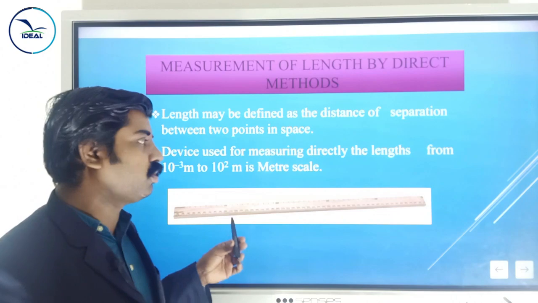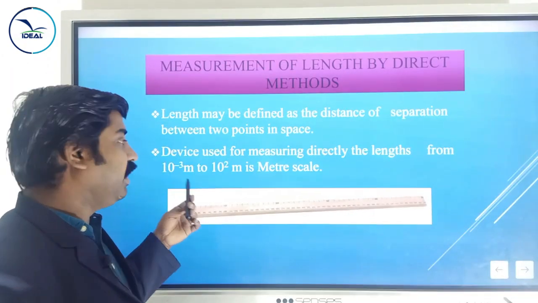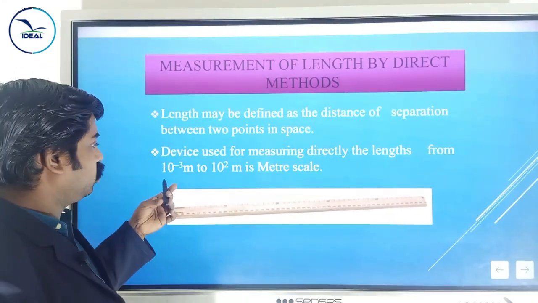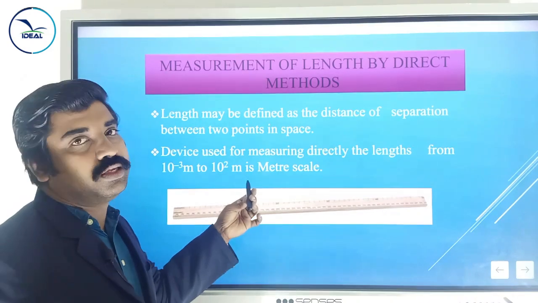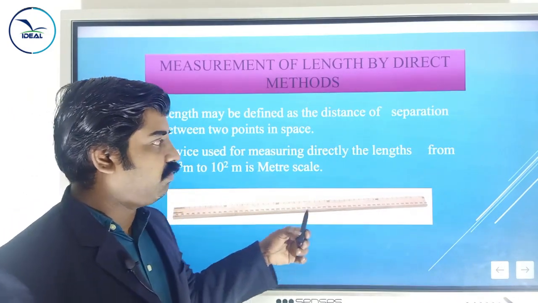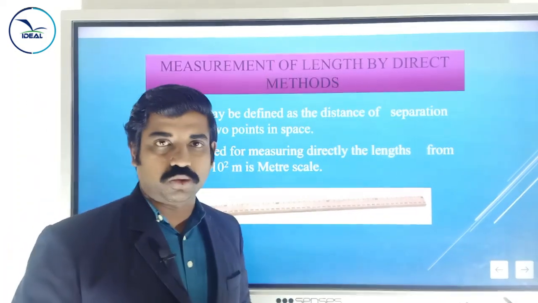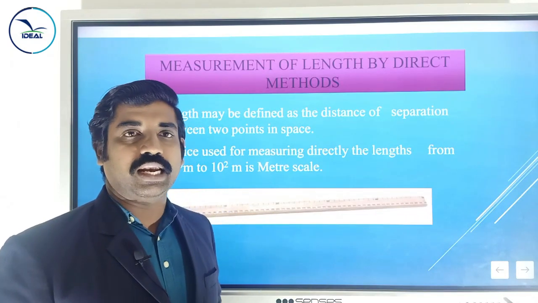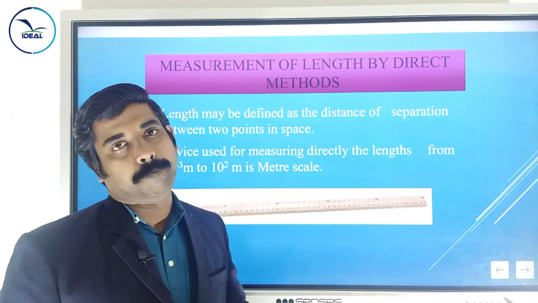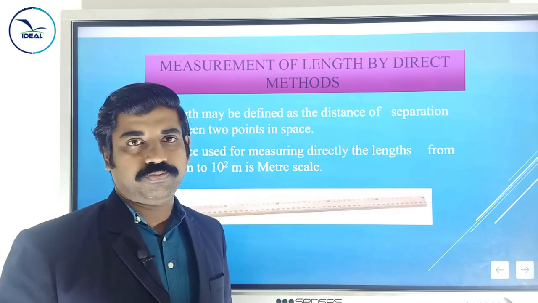It is only possible to measure from 1 millimeter to 100 meters, meaning 10 raised to minus 3 meter to 10 raised to 2 meter. So by using a meter scale we can measure lengths from 1 millimeter to 100 meters.